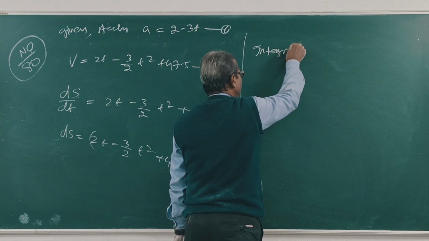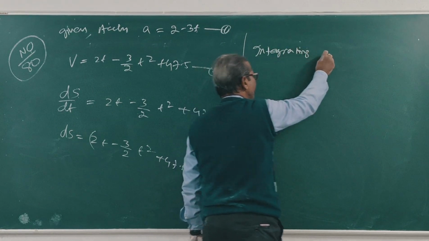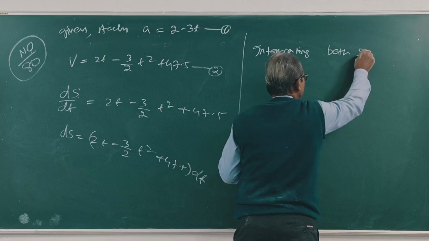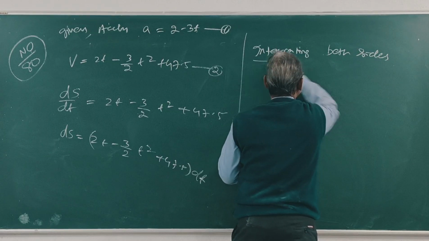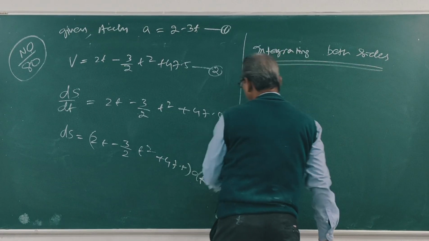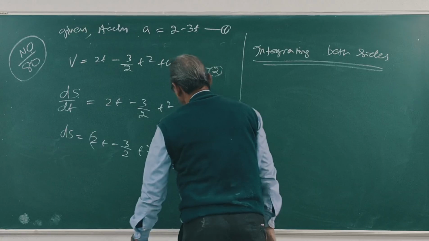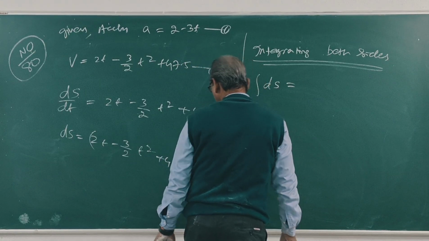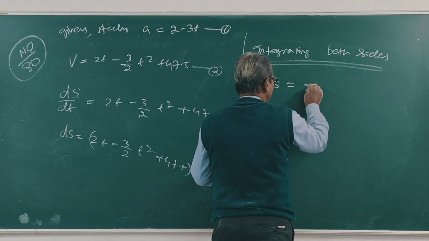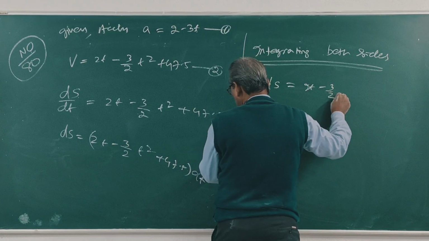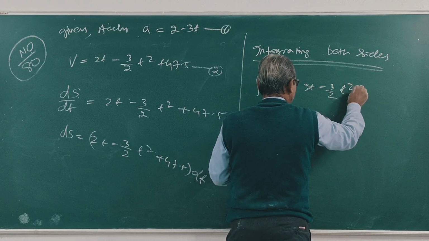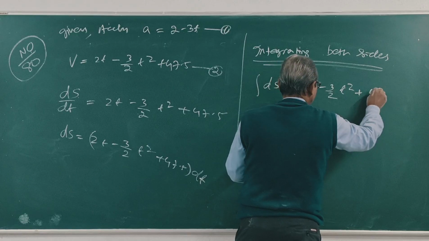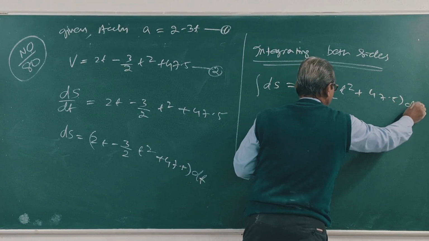Integrating both sides. So integration of ds is equal to integration of (2t minus 3 by 2 t square plus 47.5) dt.